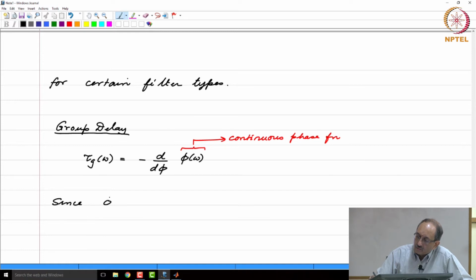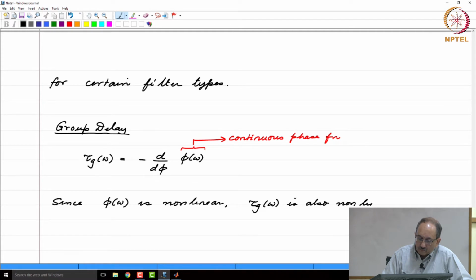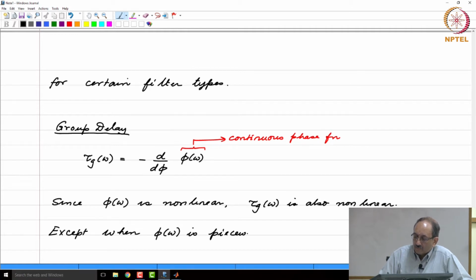And since in general phi of omega is non-linear, tau g of omega is also non-linear, except when phi of omega is piecewise linear, and we have seen that phi of omega can be piecewise linear when you have zeros on the unit circle, right.